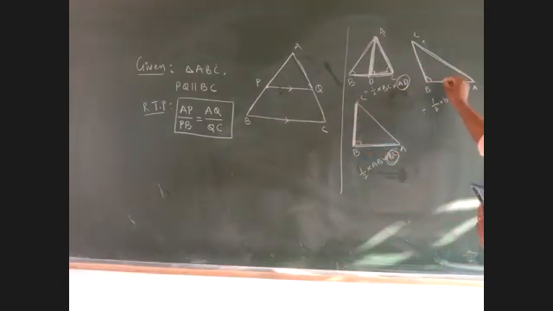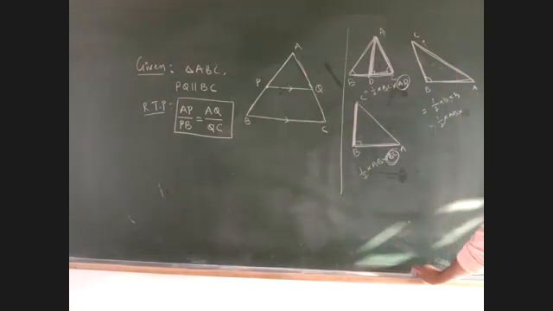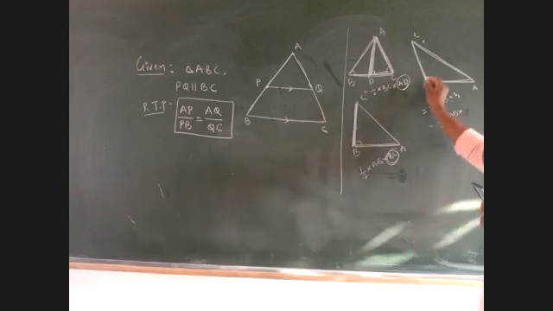If you take an obtuse angle triangle, half into base. Base is nothing but AB only. Then tell me, where is the height of this obtuse angle triangle? Sir, it's outside the triangle. Very good. Excellent. The height should be outside of the triangle.